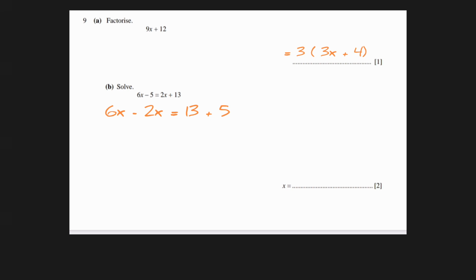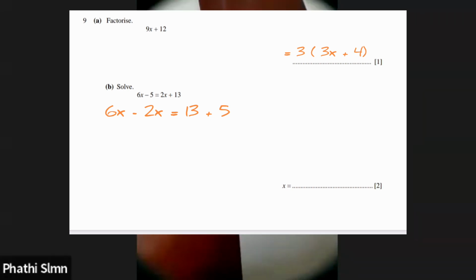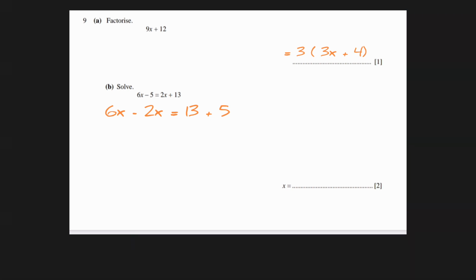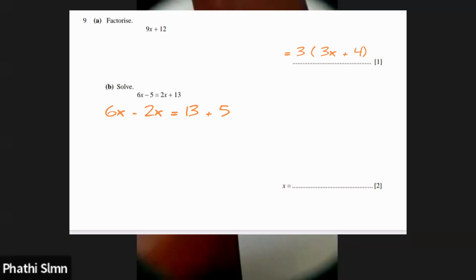It's 6x minus 2x is equal to 13 plus 5. Good.